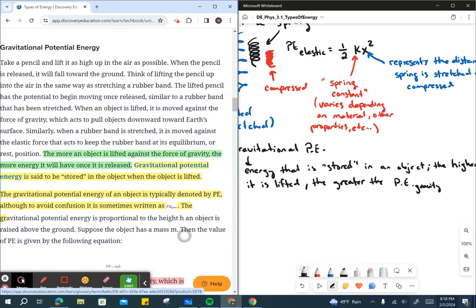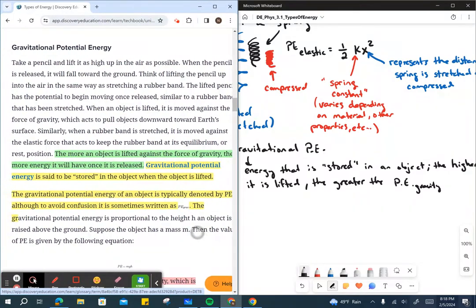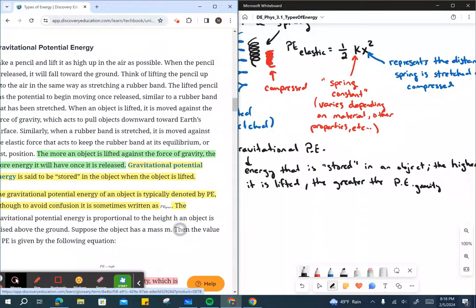It says it is denoted by PE, although to avoid confusion, it is sometimes written as PE grav, right? Or you could just write down grav for short, okay? And we're just pulling that directly from the text there, right? Okay.